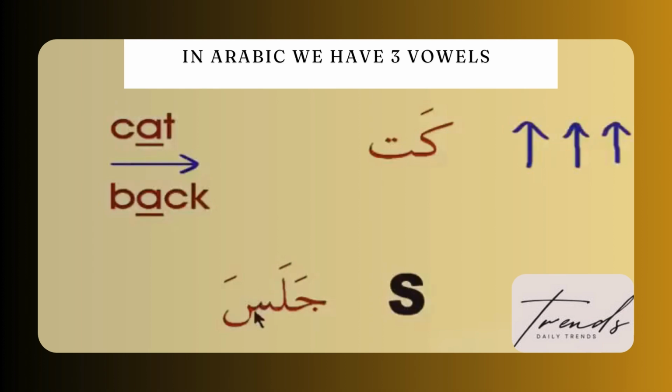So this will be sa. So ja, la, sa. Jalasa. So jalasa means he sat. And notice we don't elongate. There's no elongation of the sound. So we don't say like in, for example, when we say the word car.